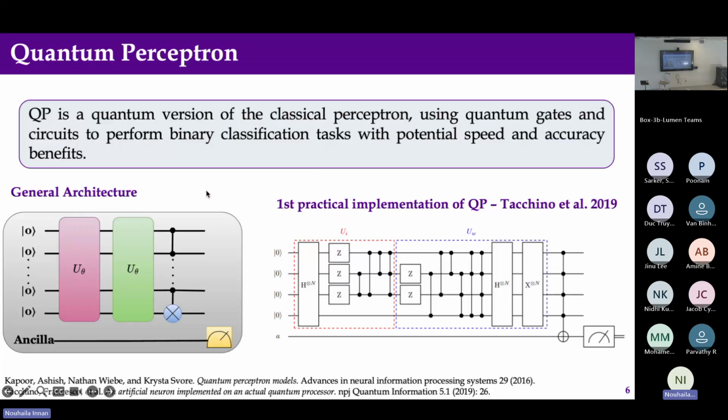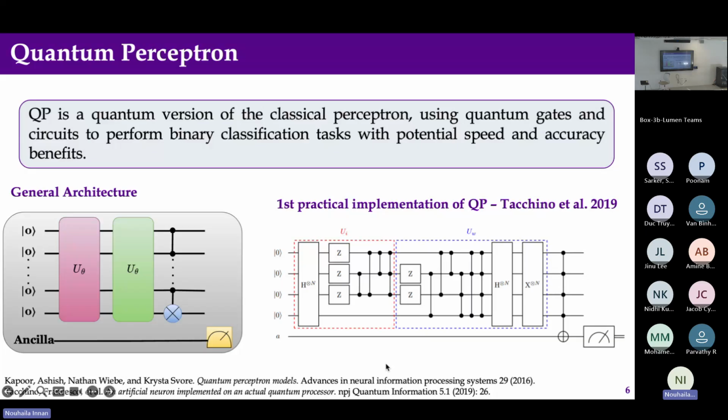But usually, if you want to design a model, it's not that easy. Sometimes you need to adjust a lot of parameters. For example, this is one of the first implementations, but the problem in quantum is that you cannot generalize. Maybe they used it, for example, for iris. If you have another dataset and you want to use a quantum perceptron, you can start with this implementation, but in the end you will have another implementation or another circuit because you need to adjust it based on your needs, which is another dataset.